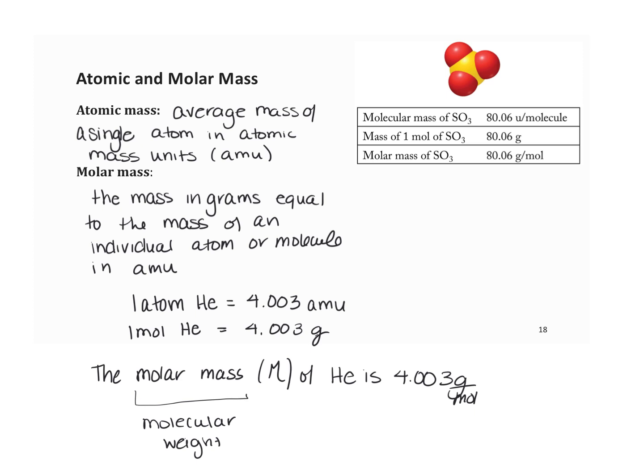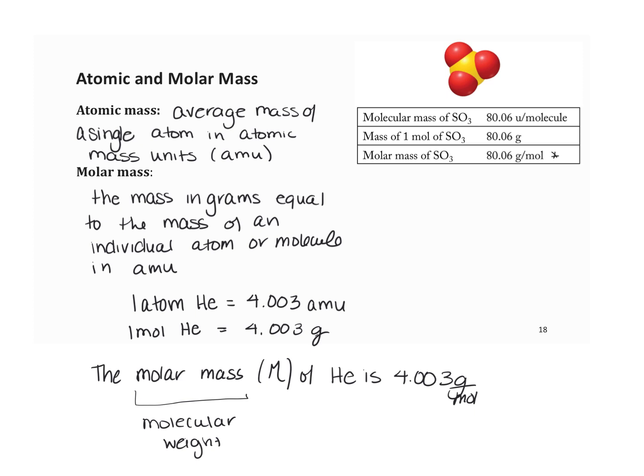All right, so let's talk about what we do when it's more than 1 atom. When it's more than 1 atom, we add all of the different atomic weights together to give us a molecular weight. So what do I mean by that? If we look at sulfur trioxide, which is here, right?